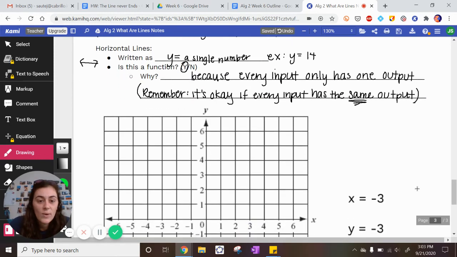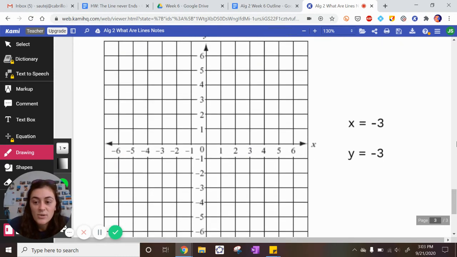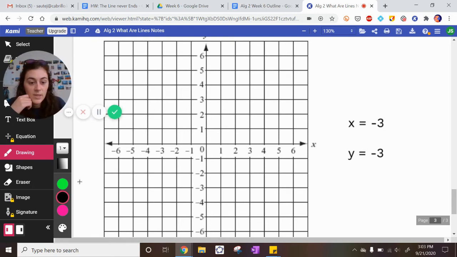So let's look at what this looks like. We're going to graph x equals -3 and y equals -3. And I'll choose 2 different colors so that you can see that a little bit better. So we'll do x equals -3 in green. All you have to do when you plot a vertical line of x equals -3 is go to our x-axis, find -3, and draw a straight line through x equals -3.